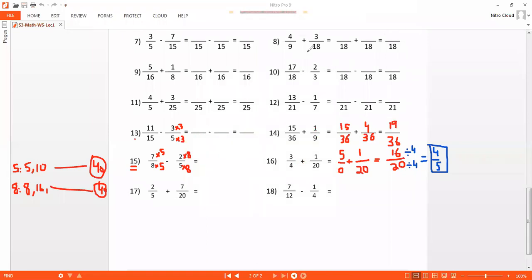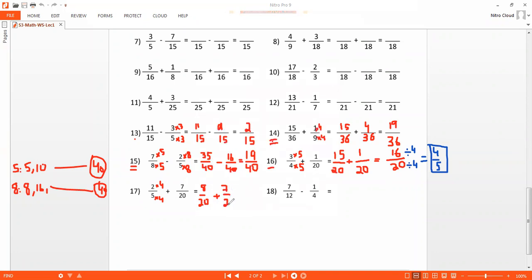So I'm going to continue with 17 and 18, and I want you to pay attention. So it's my turn now. 2 over 5 plus 7 over 20. I only multiply this fraction by 4. So I get 8 over 20 plus 7 over 20. So what's 8 over 20 plus 7 over 20?